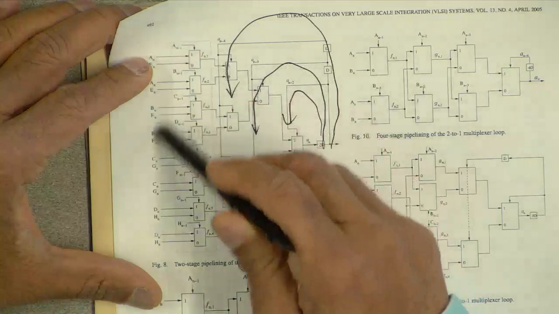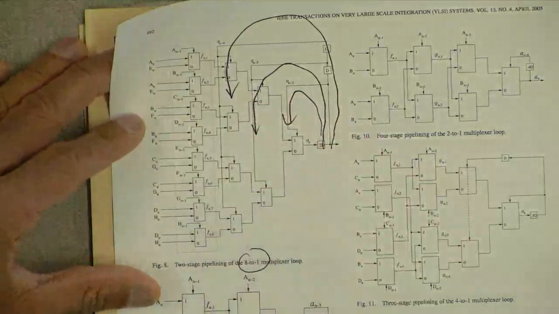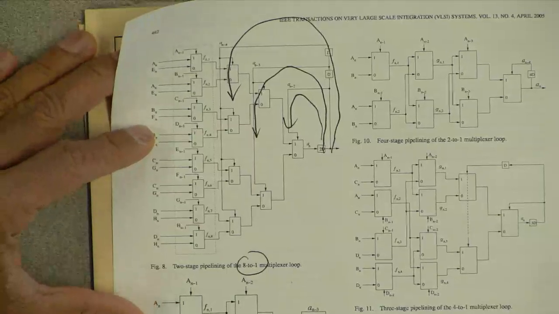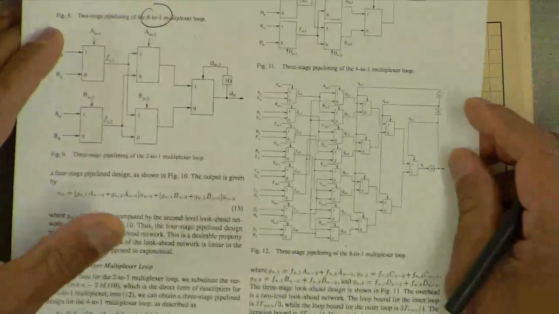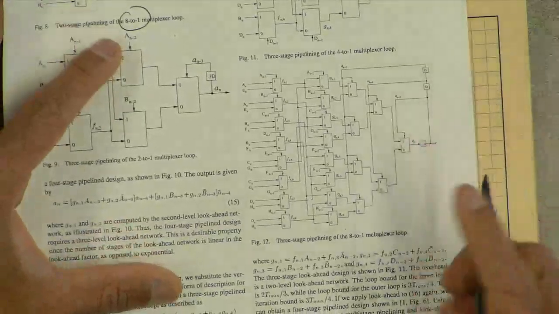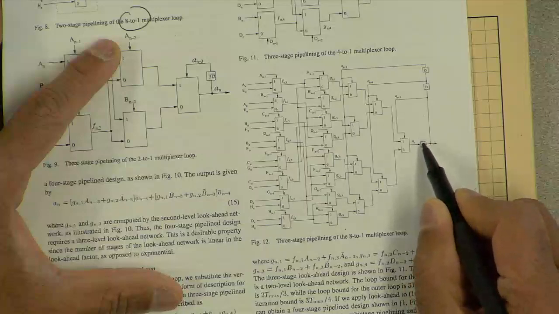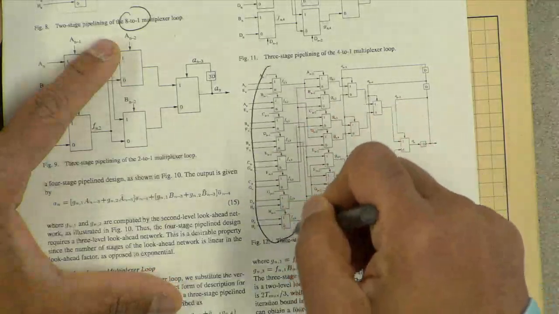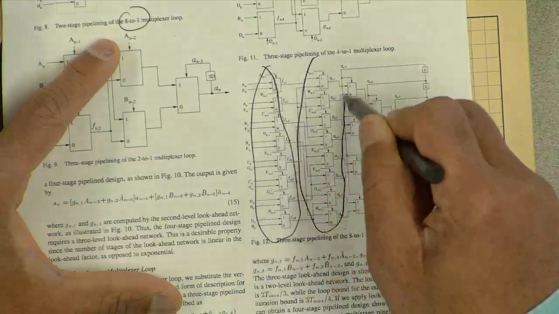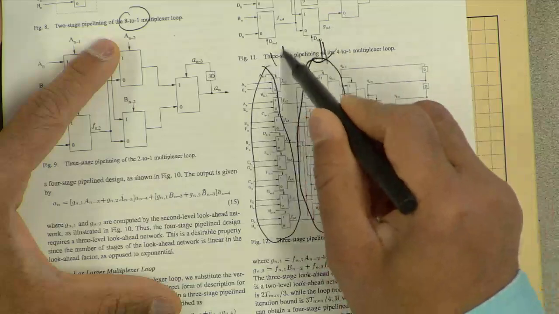And there is one extra stage of pre-computation using 8 multiplexers, and that 8 is 2 to the power 3. And if you take that same 8 to 1 multiplexer loop and replace the inner delays from 1 to 3, we get 8 extra delays, 8 extra multiplexers in this stage and in that stage.